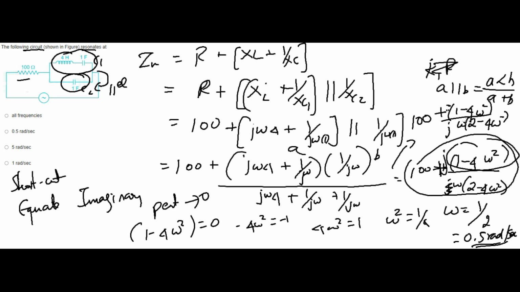There is no problem because 4 omega square has nothing else available. If I move the j to the top, you will get 100 minus j into 1 minus 4 omega square, the whole divided by omega into 2 minus 4 omega square. Now we are equating the imaginary part. This is the real part and this is the imaginary part. That is why I changed it in this method; it is the simple form. So this is the right answer.